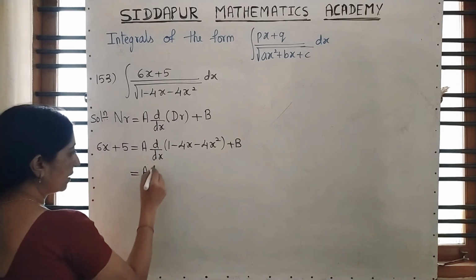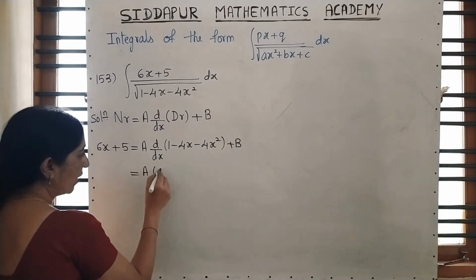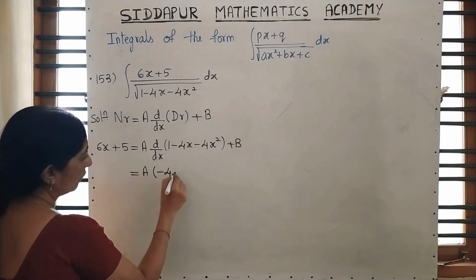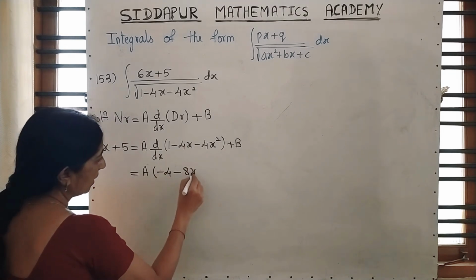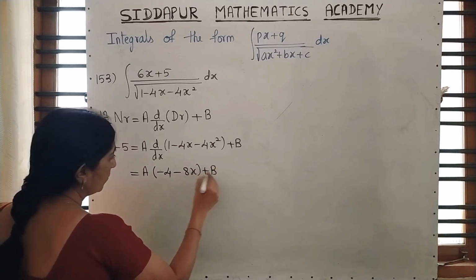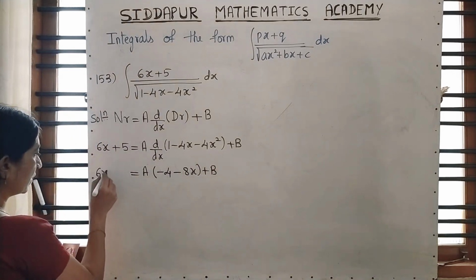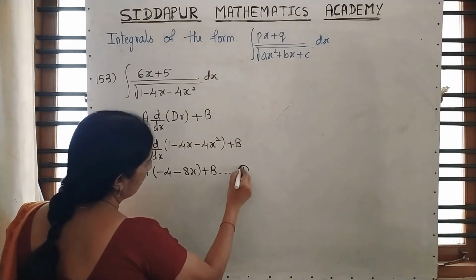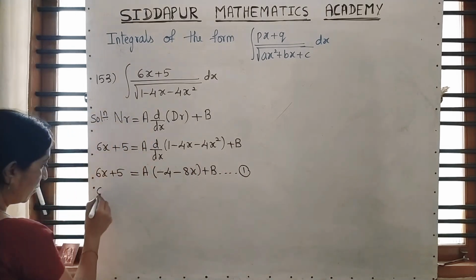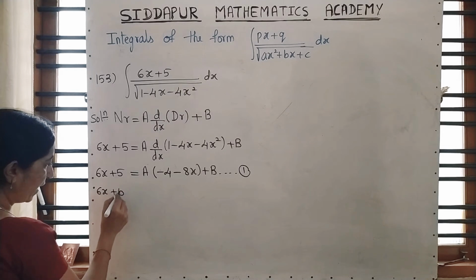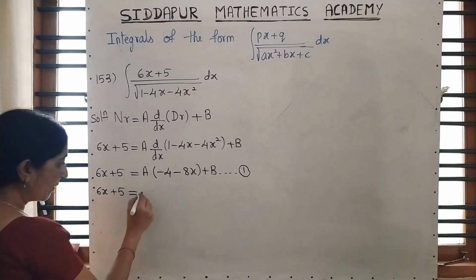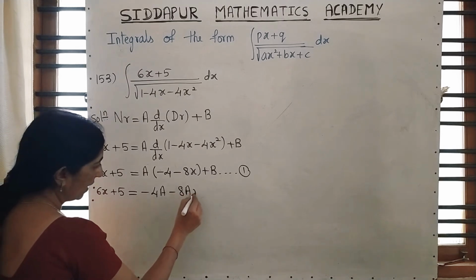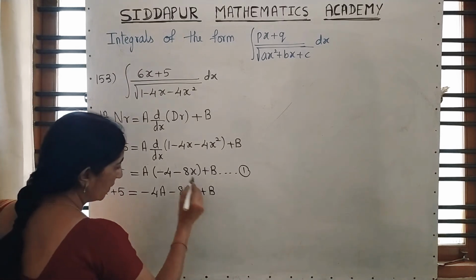Keep a as it is. Differentiation of 1 is 0, no need to write that. Minus 4x is minus 4, minus 8x, plus b. This is 6x plus 5. Let us call this equation 1. Now 6x plus 5 I kept as it is. Remove the bracket: minus 4a minus 8ax plus b.